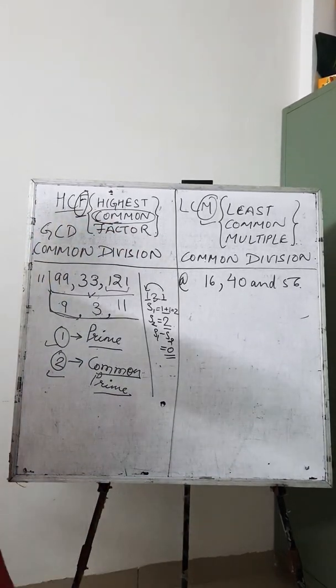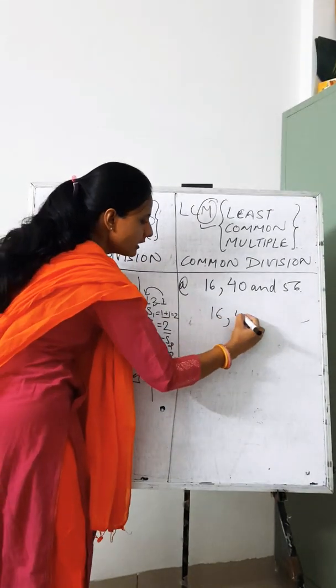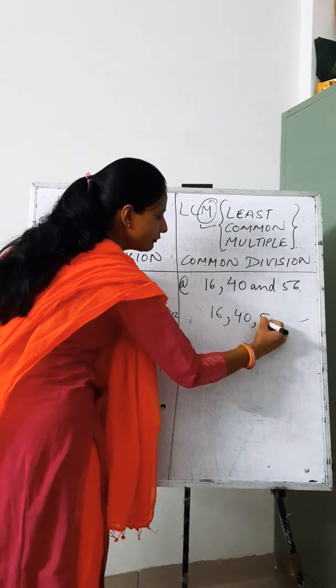Now come to LCM. Here in the LCM, what you have to do is write down 60, 16, 40 and 56.